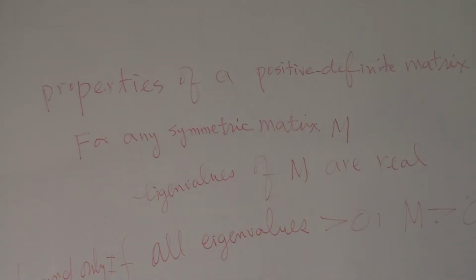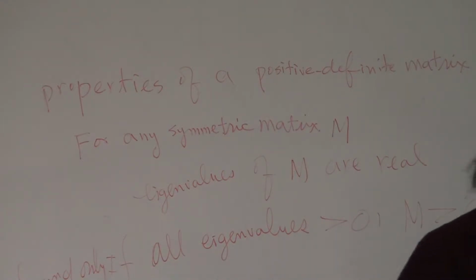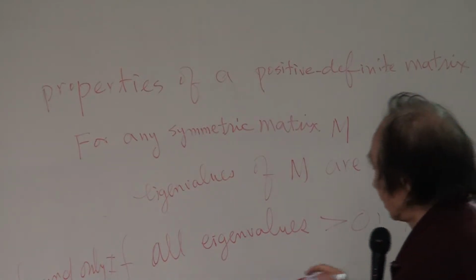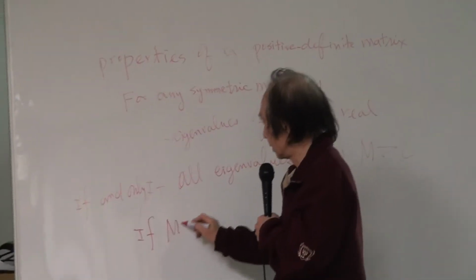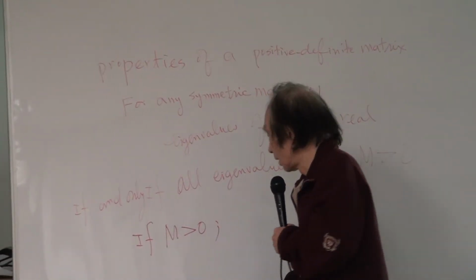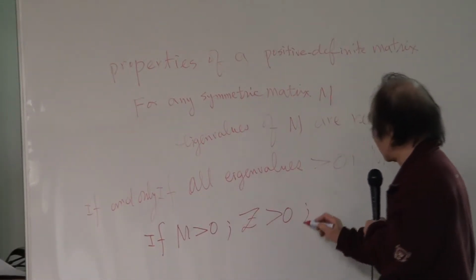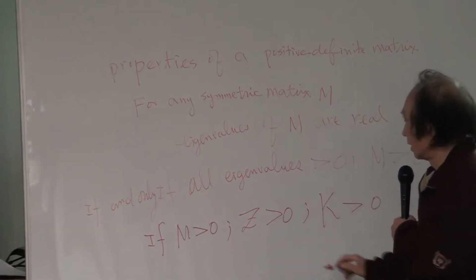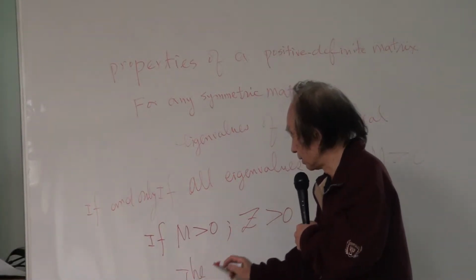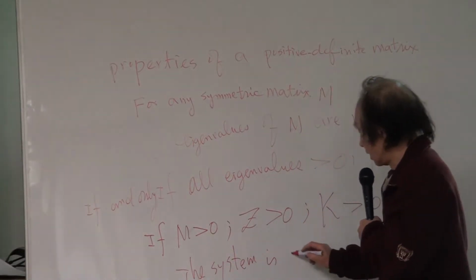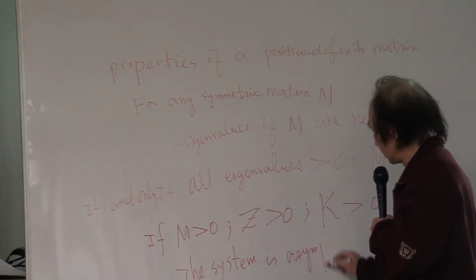Well, I forgot one thing I haven't mentioned yet. Let me mention it now. If M is larger than 0, the damping matrix is larger than 0, and K is larger than 0, then the system is asymptotically stable.